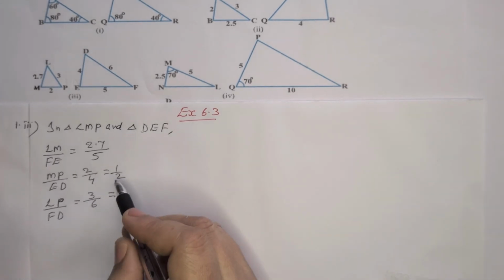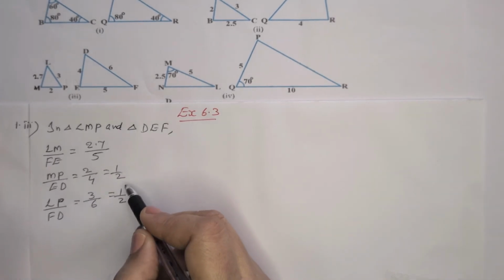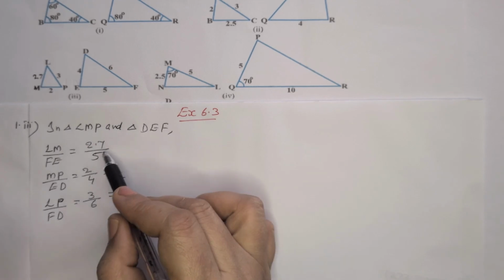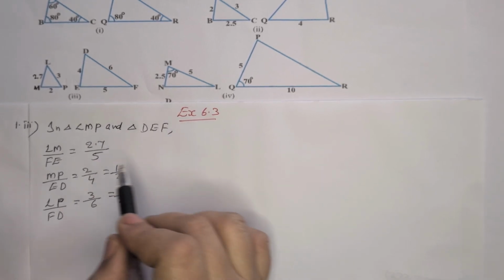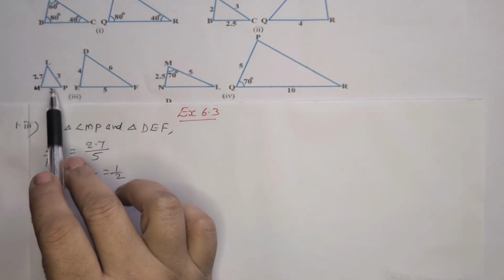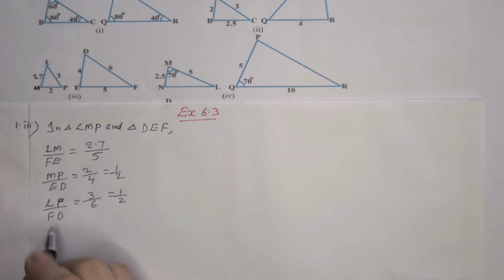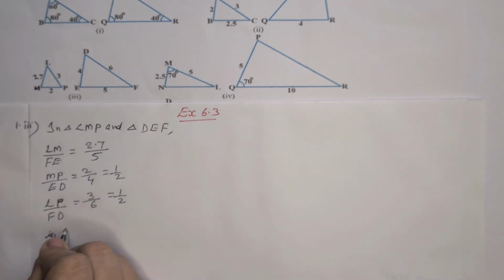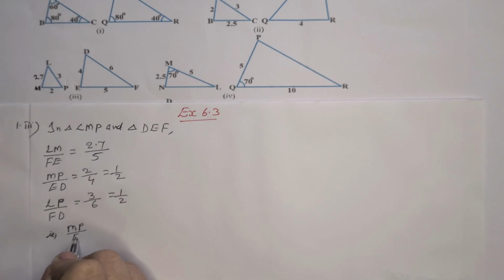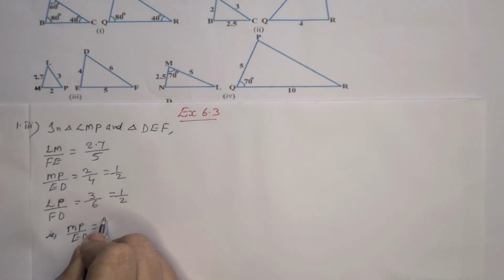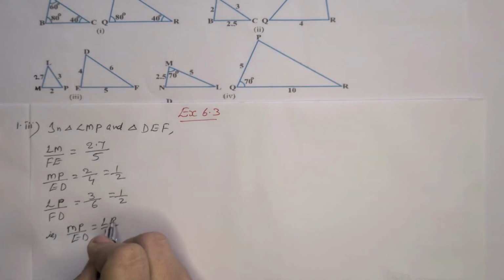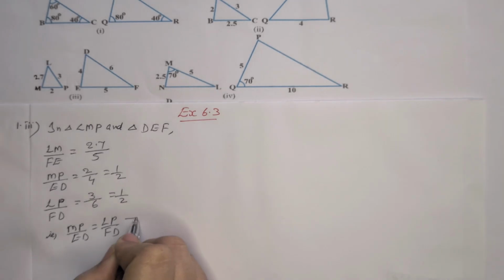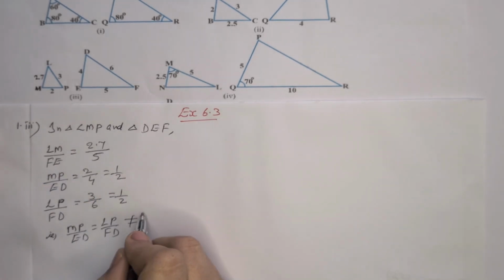Now here we can see two sides are in proportion, same ratio we are getting, but this side is not matching, which means these two triangles are not similar. You can write that MP by ED is equal to LP by FD, which is not equal to the first one, LM by FE.